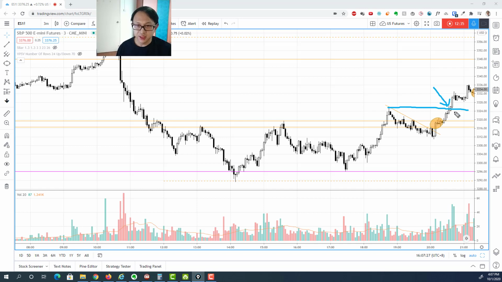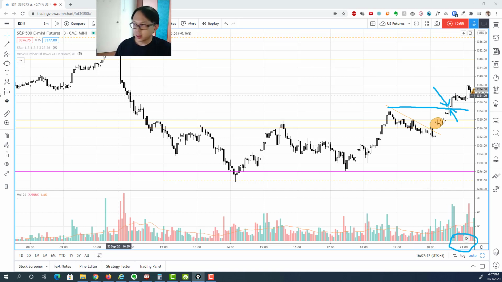This is the second breakout that I took. But one thing that made me a bit uncomfortable is that it's kind of close to the US session, because I don't really like to keep my full size position when the US opens.